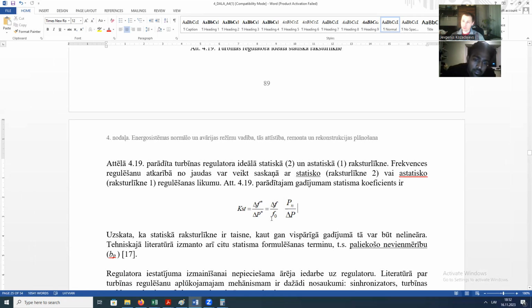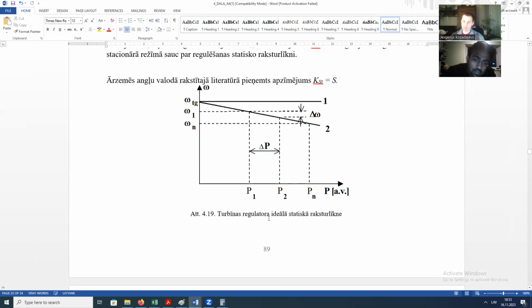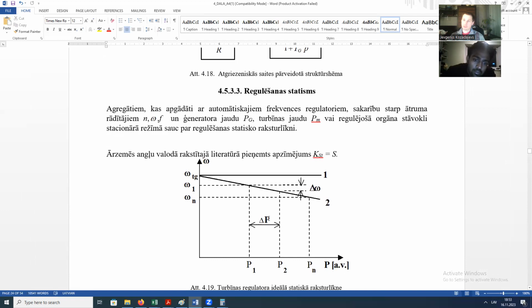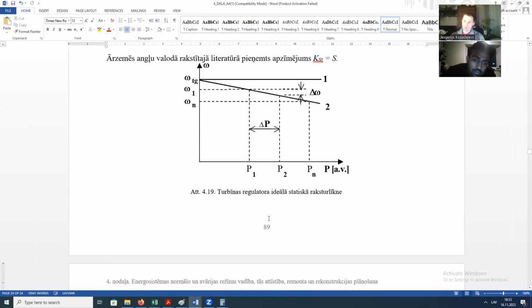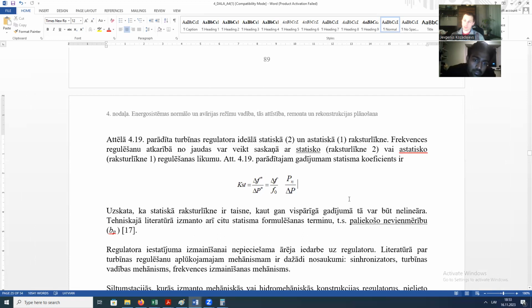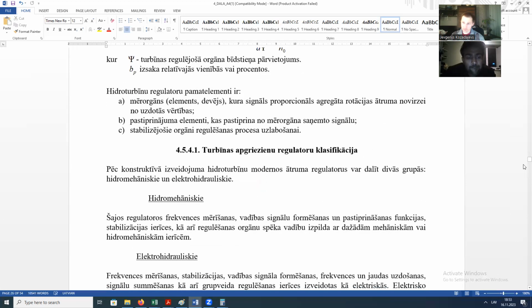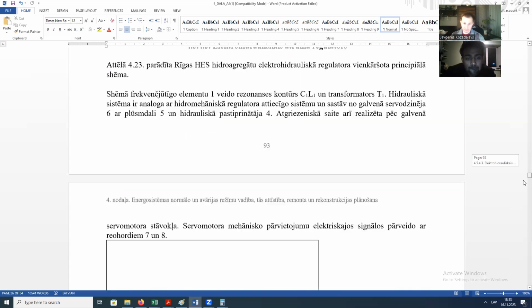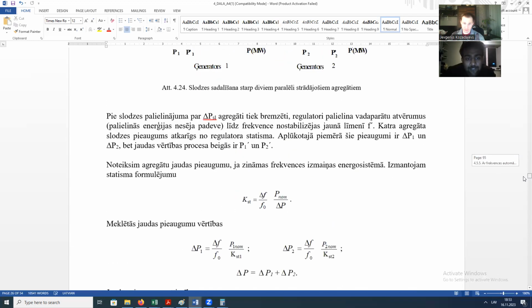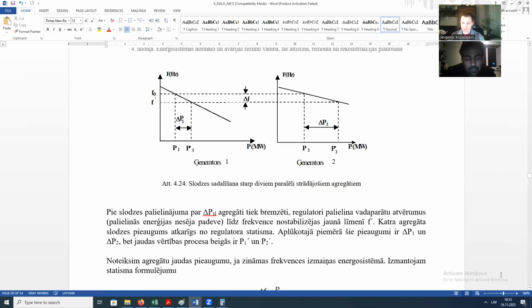But this formula is for one generator, for example, for the concentrated one. But what to do, as we saw previously, we could calculate the total inertia. But what about this total coefficient to understand what is the reaction of the whole power system to the frequency fluctuation? In this case, we have this drawing.